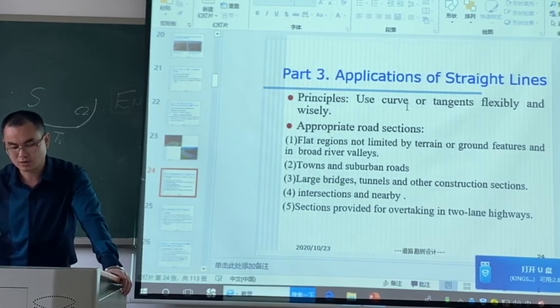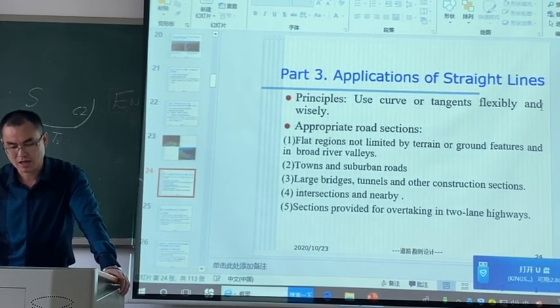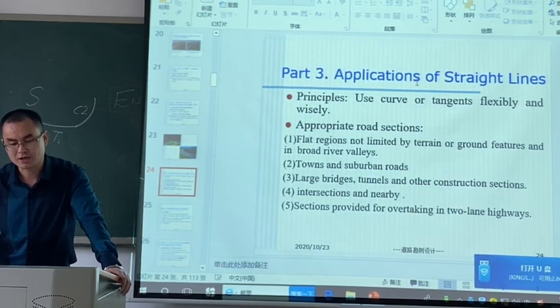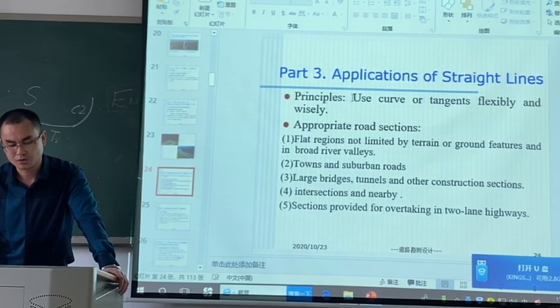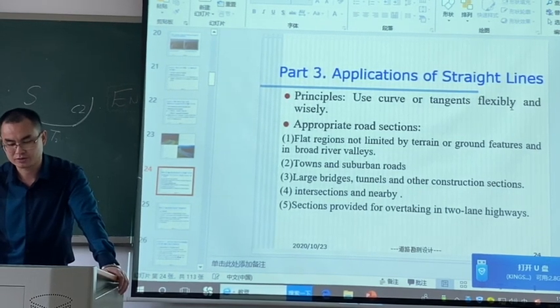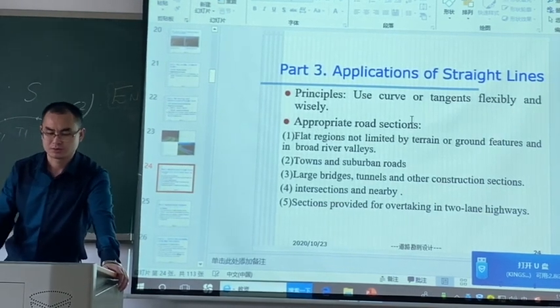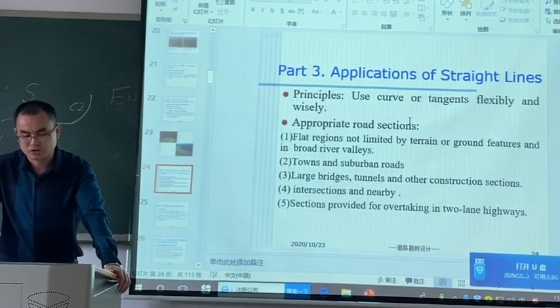Principle: use curves or tangents flexibly and wisely. Applications of straight line: appropriate road sections.